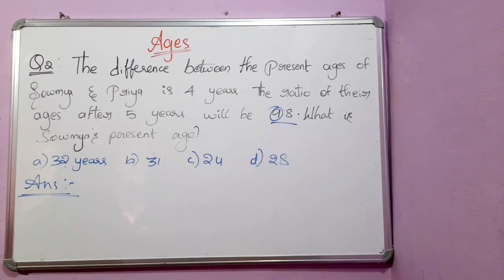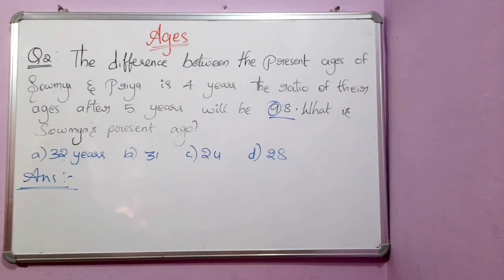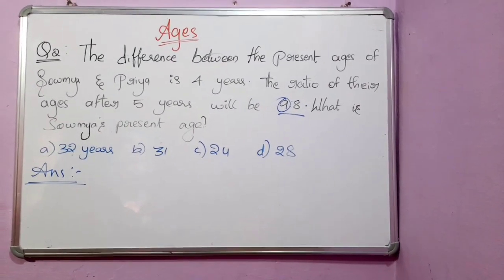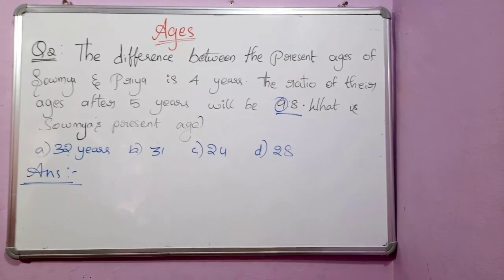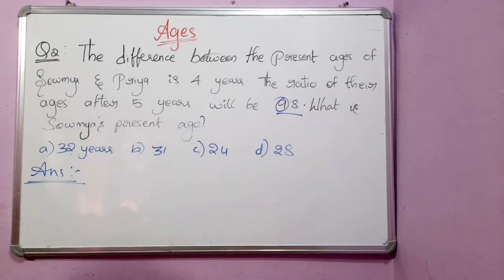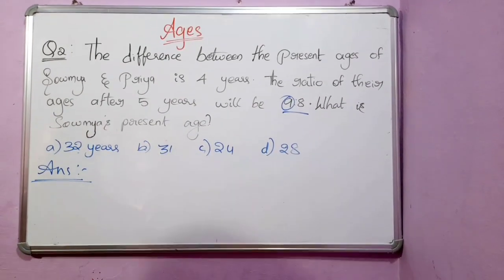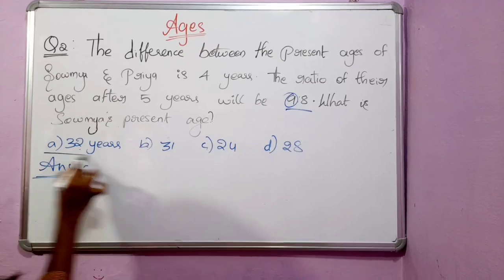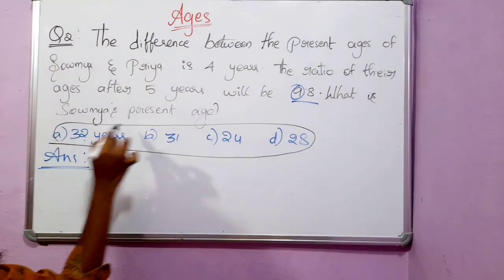See another question. The difference between the present ages of Soumya and Priya is 4 years. The ratio of their ages after 5 years will be 9:8. What is Soumya's present age? In the question they are asking us to find Soumya's present age, and in the options they have given the present age of Soumya.